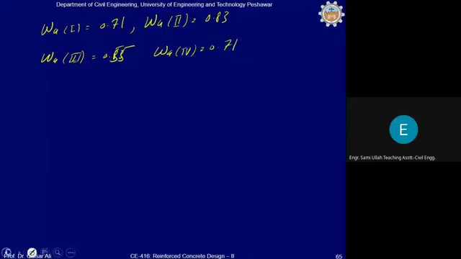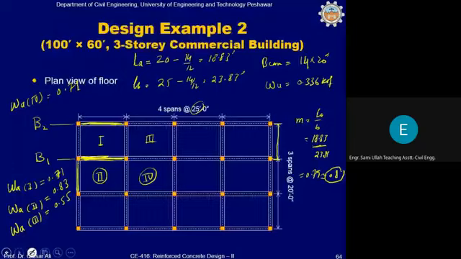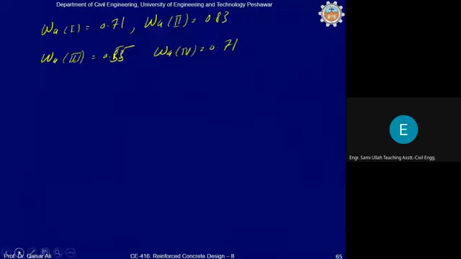Now coming to load acting on B1. So load acting on B1, some of the load will come from panel 1 and some of the load will come from panel 2. इस तरह है कि नहीं? Yes sir. तो ये दोनों हम ऐड करेंगे.